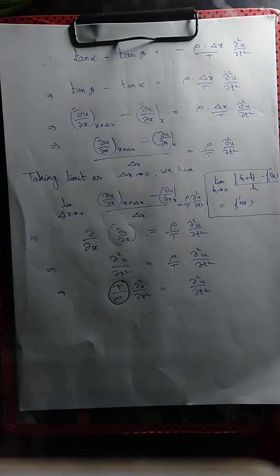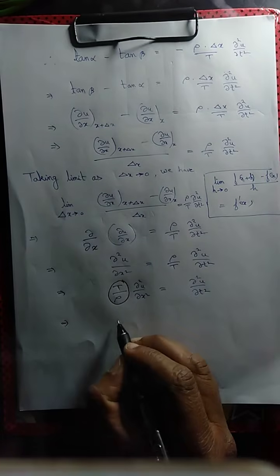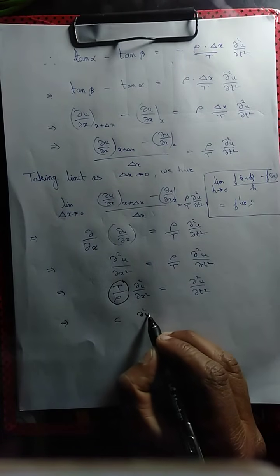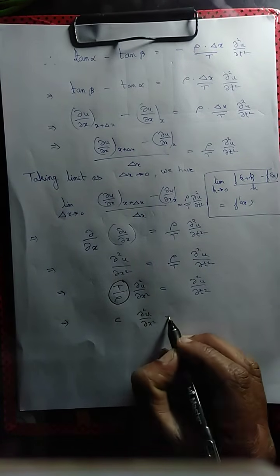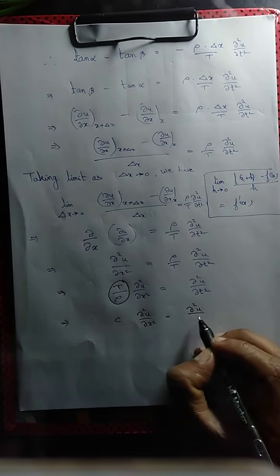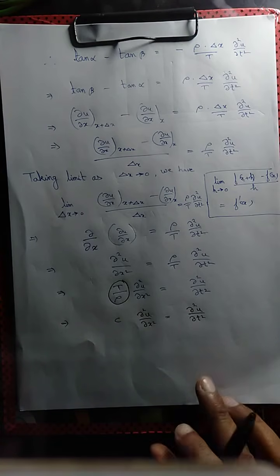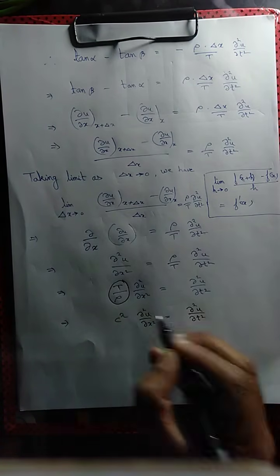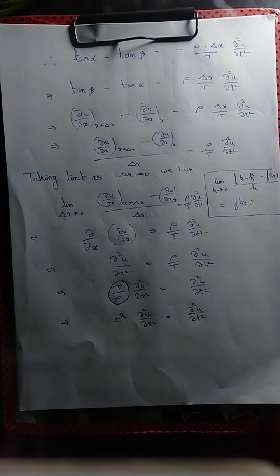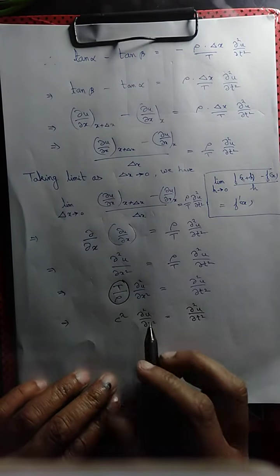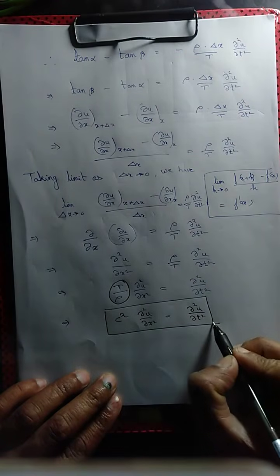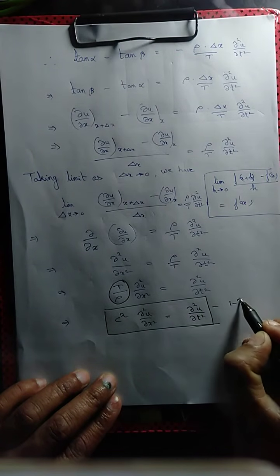So I can write it as c into del 2u by del x square equal to del 2u by del t square, where c is a positive constant. But why should I every time write where c is a positive constant? Why don't I just write c square? Well, c square will always be a positive constant. So that's the exact expression for the 1D wave equation.